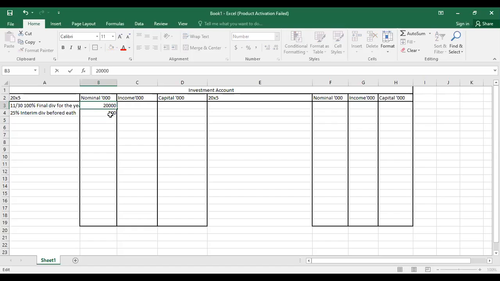So even this will be 5,000, right? Yeah, they are valued at 10 shillings. So if 100% is 20,000, what will be 25%? 5,000. Right.